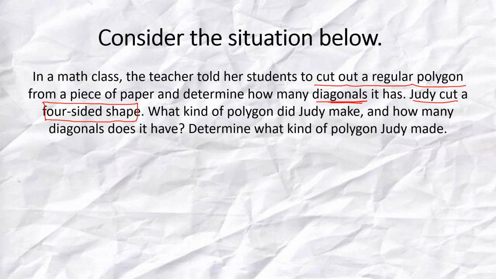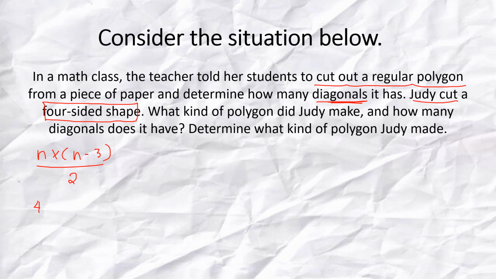As you can see, it is said that Judy cut a four-sided shape. Remember that a four-sided polygon is what we call a quadrilateral, and a quadrilateral has four sides. To solve the number of diagonals, we simply follow the formula n times parentheses n minus 3, divided by 2.